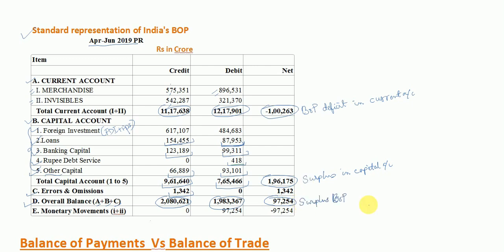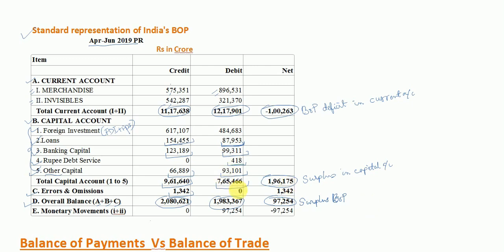Since the balance of payment is always balanced in the accounting sense, though there is a surplus in the balance of payment, we will have to make it balance. So the process of making the balance of payment is nothing but a simple adjustment in the capital account. There is scope for adjusting this surplus amount with the capital account.